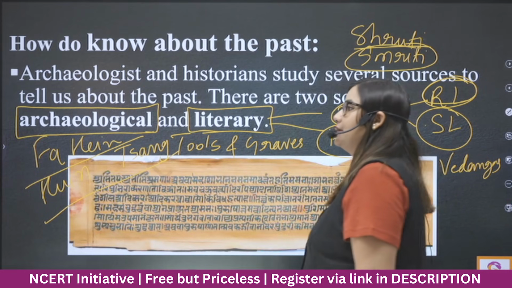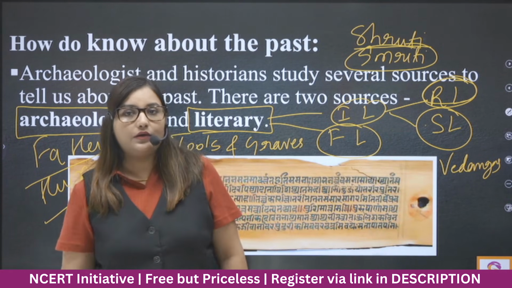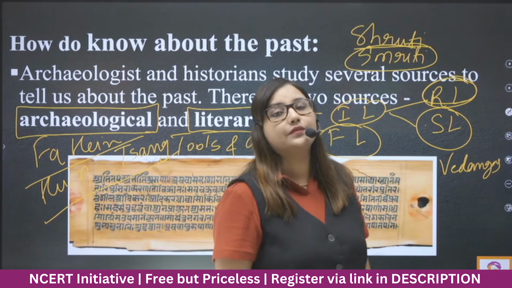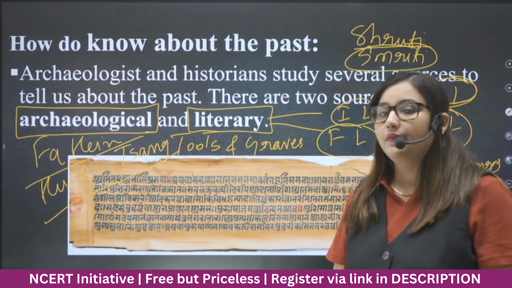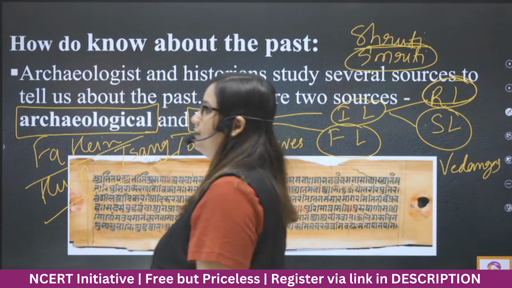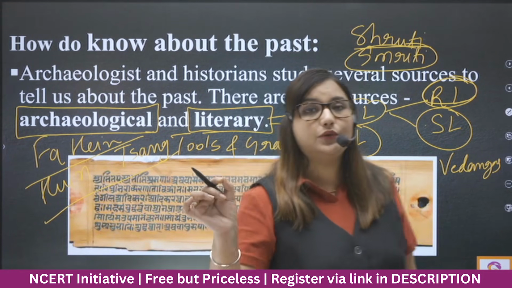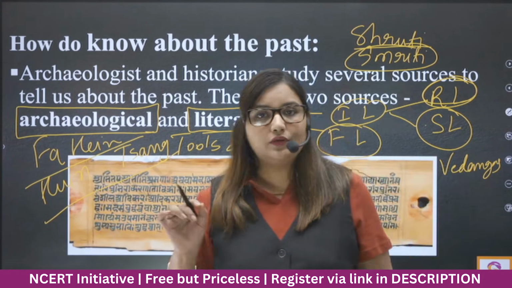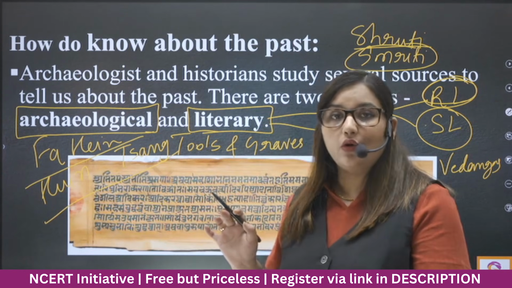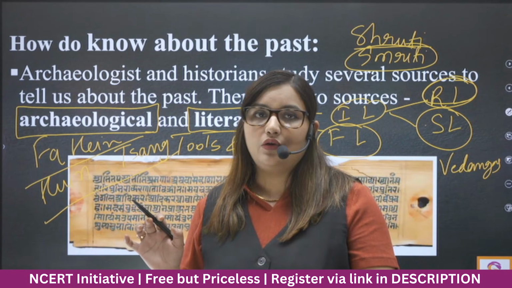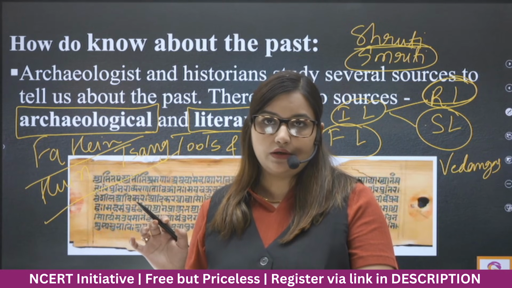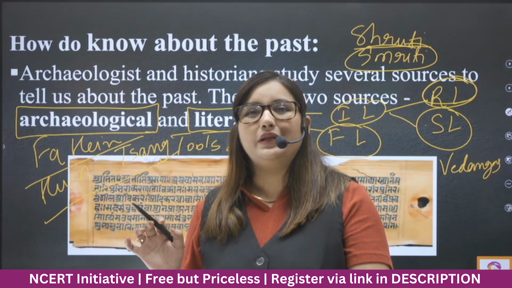Arab writers like Suleiman and Ibn Battuta. In bracket you can write Suleiman and Ibn Battuta, Arab writers, full stop. So we had all these kind of archaeological sources. Fine. Now please write the next point.